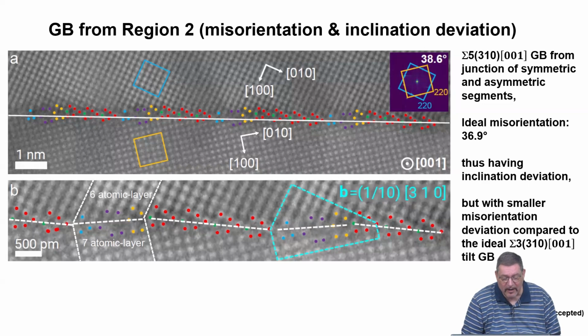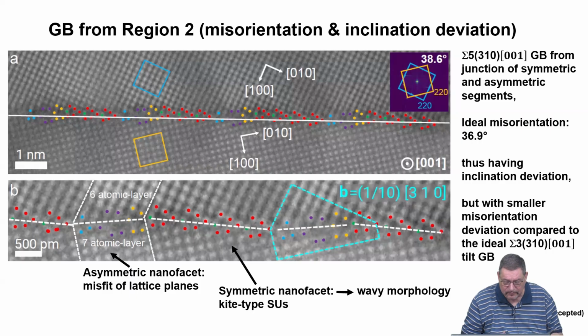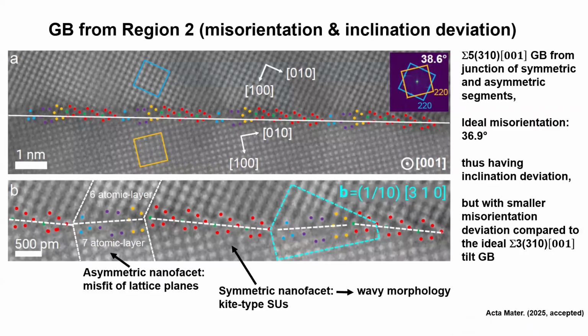Now, what do we have as structural units? You see here we have these kite-like structures, but we also have in between more complex structures which are made out of different structural units. We can call them structural units because they are repeated along the grain boundary plane. So the first and most important condition of the structural units model, periodicity along the boundary plane, is maintained.